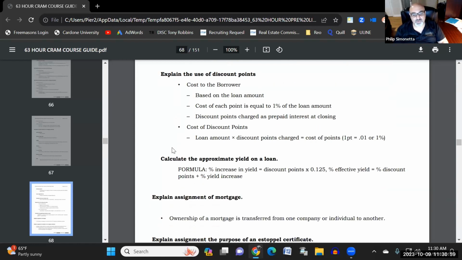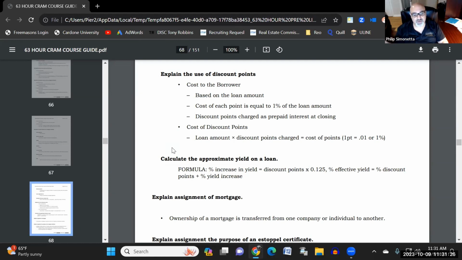Now you also need to be able to calculate the yield on the loan. Remember, the points increase the yield, right? So each discount point, if you bought 3 points, costs you $3,000. Now to figure out the yield, you take those same 3 points and multiply each one by 0.125. 3 times 0.125 gives you 0.375.